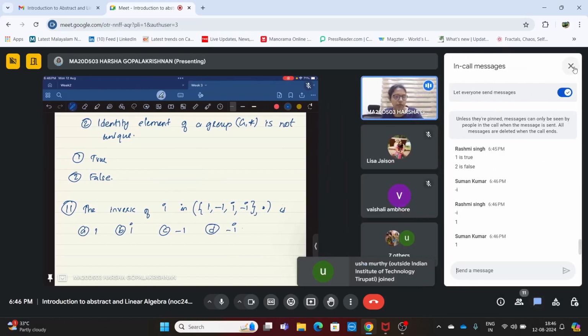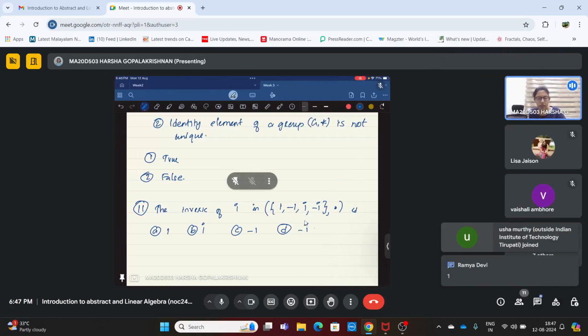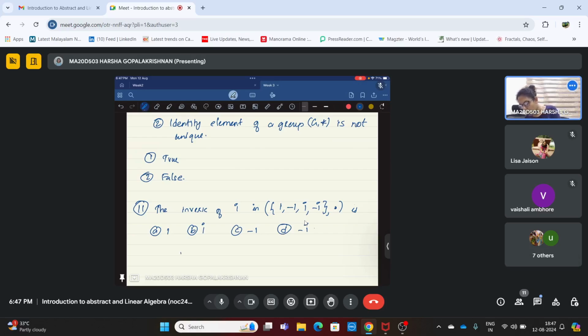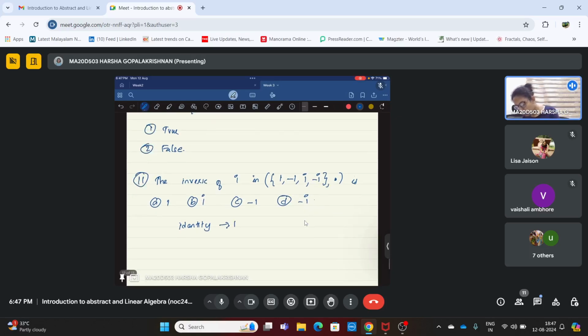It is 1, correct. It is 1 because if I multiply with any element, 1 into minus 1 is minus 1, 1 into i is i. So I am returning the same element. So the identity is 1. The inverse should be the element such that i into that element equals 1. We know i square is minus 1.